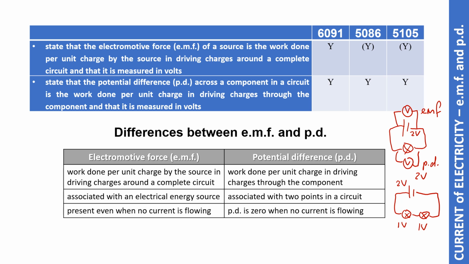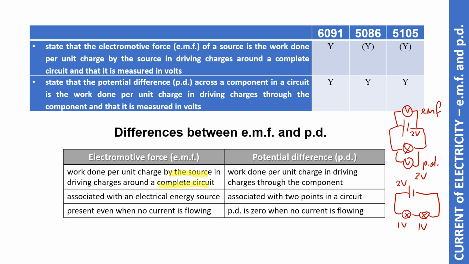So to summarize the difference between EMF and PD, EMF is the work done per unit charge by the source. Right? So if you notice the difference in the definition, here it talks about the source for EMF, all right, and driving charges around the complete circuit.